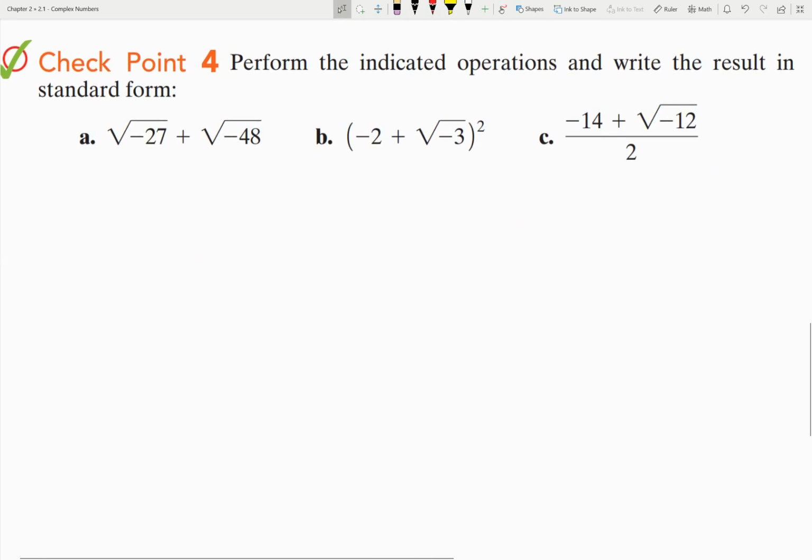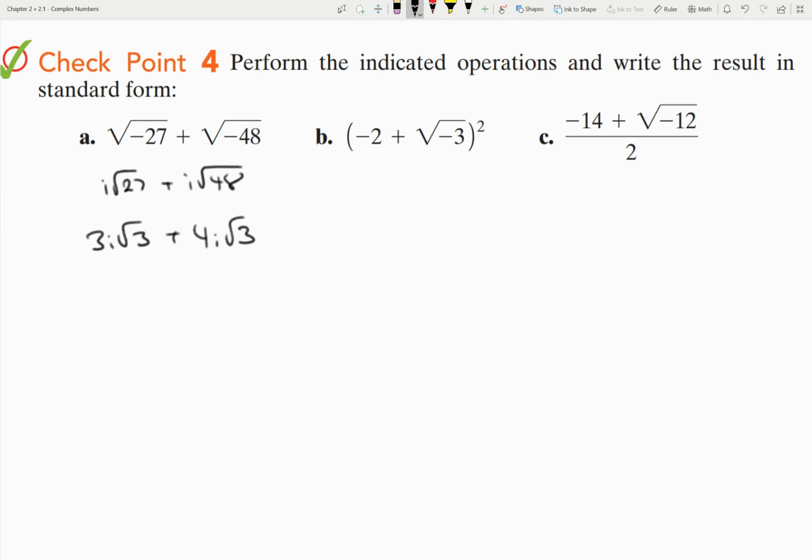And of course, we're always going to write our result in standard form. All right, so first thing we have to do, i√27 plus i√48. Before you do anything else, we have to do that. So simplify that. That's 3i√3. And the square root of 48 is 4i√3.